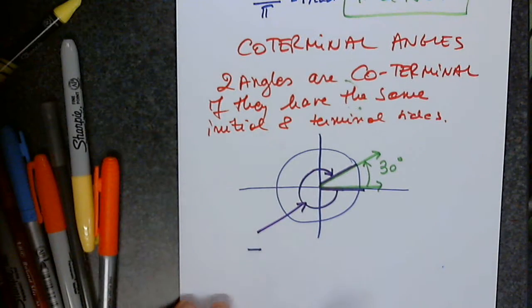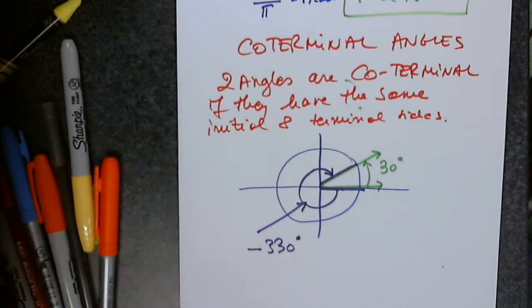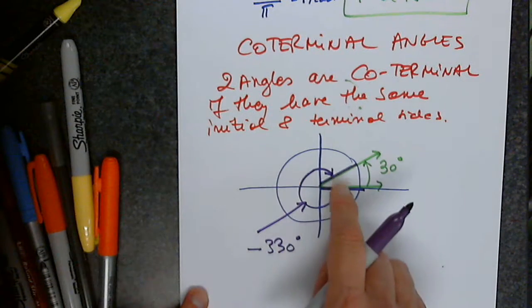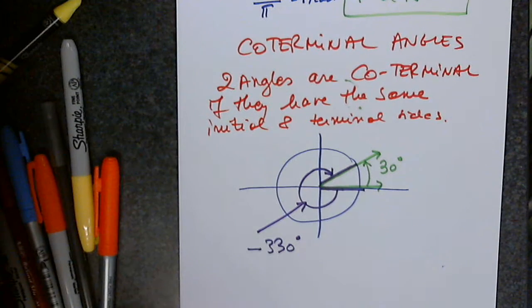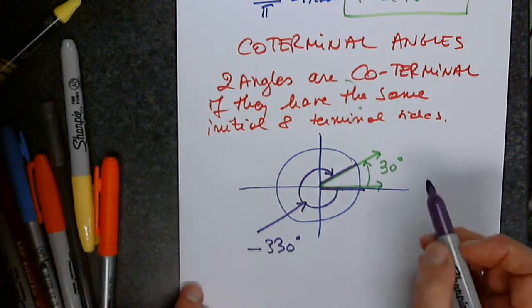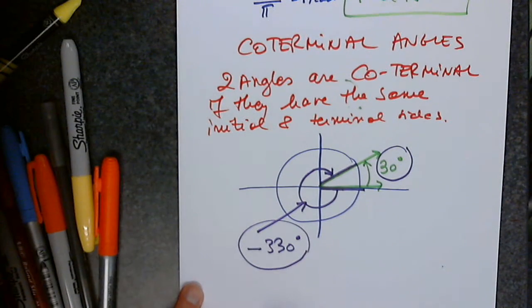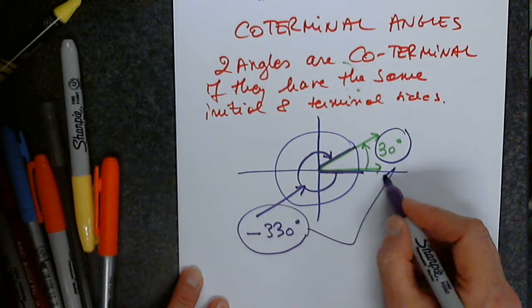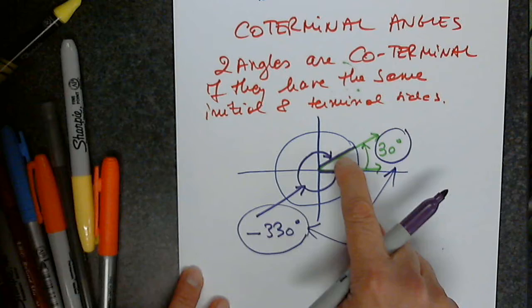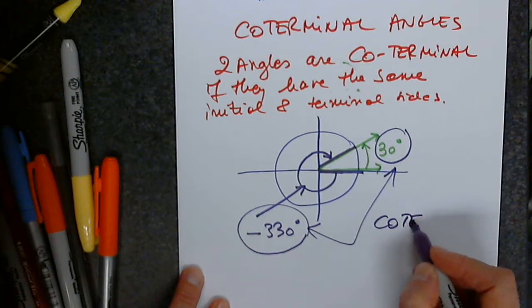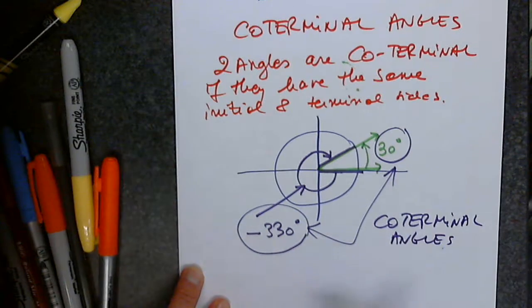First of all, it's a negative angle, negative 330 degrees. If I had gone all the way, it would have been 360, but I have to stop 30 short of 360. So 30 degrees and negative 330 are coterminal angles. Why? They start at the same spot and they end at the same spot.